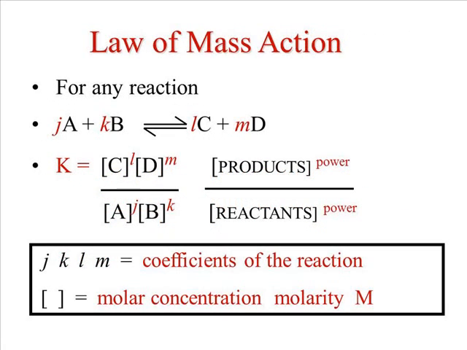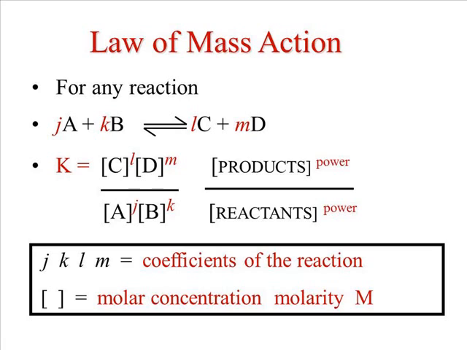The law of mass action is a mathematical ratio between the amount of products and the amount of reactants at equilibrium. The bracket means molarity, and your coefficients in your balanced equation, for this example, the J, K, L, M, are the powers to which the molarity of your products are raised.